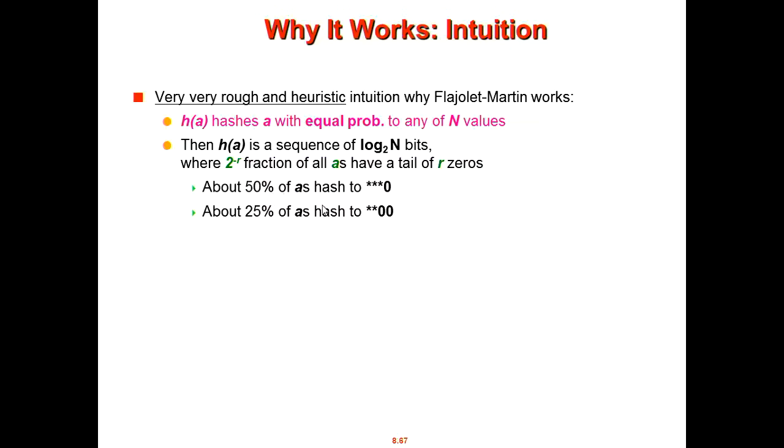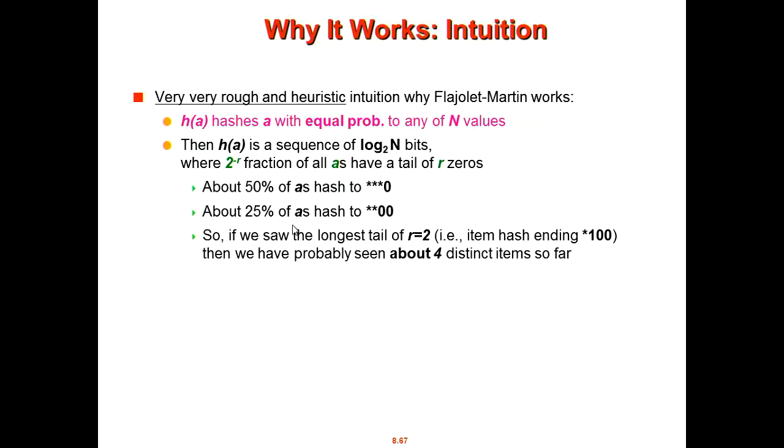About 50% of the elements hash to values with only 1 tailing zero, and about 25% hash to 2 tailing zeros, right? So if the longest tail we saw, R, is 2, meaning the hash value of some item has 2 tailing zeros, then probably we have seen about 4 distinct elements so far. That's the basic idea.